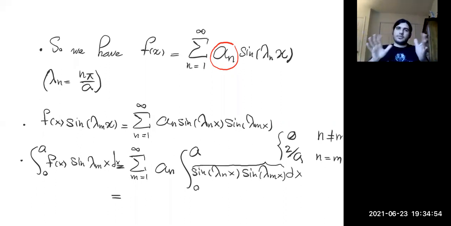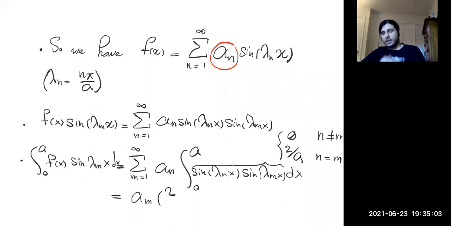All the terms in this infinite sum are equal to 0, but one of them, and that one is am times a over 2.